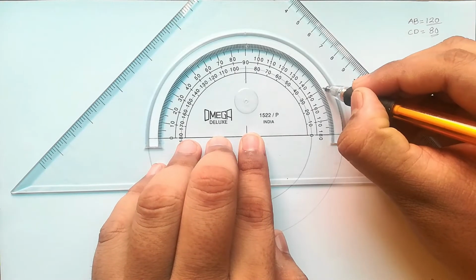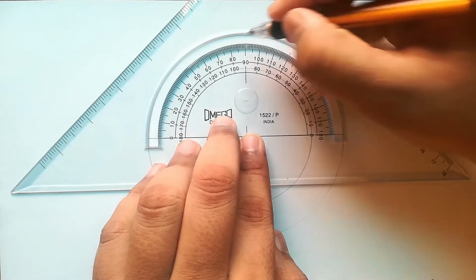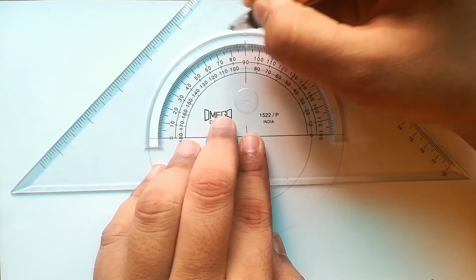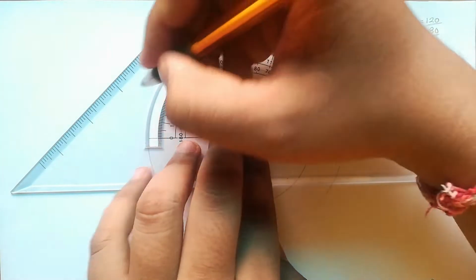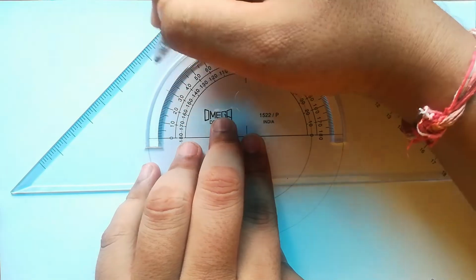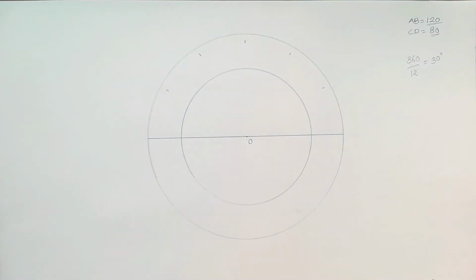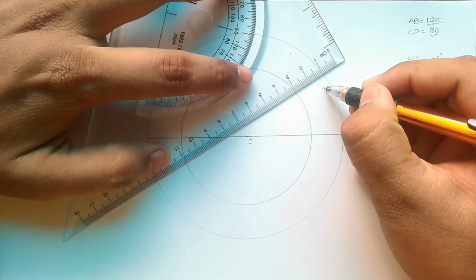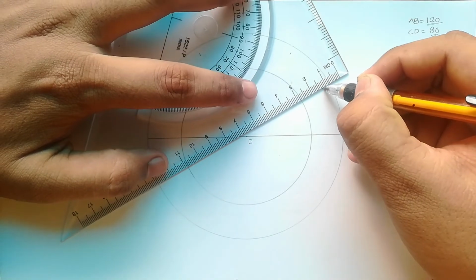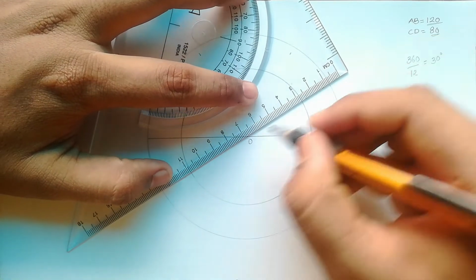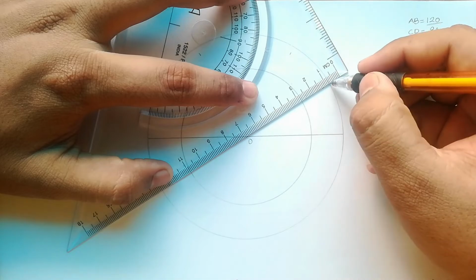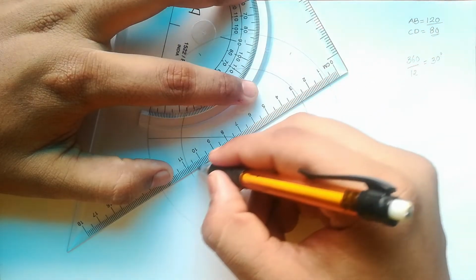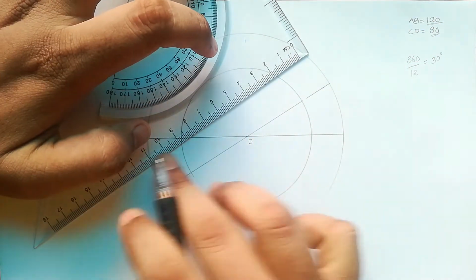So I will start from here. This is 30 degrees, plus 30 is 60, plus 30 is 90, plus 30 is 120, plus 30 will give me 150. For the further divisions, I will take my first point and pass one line from the center. By drawing one line, I will be able to draw two divisions.